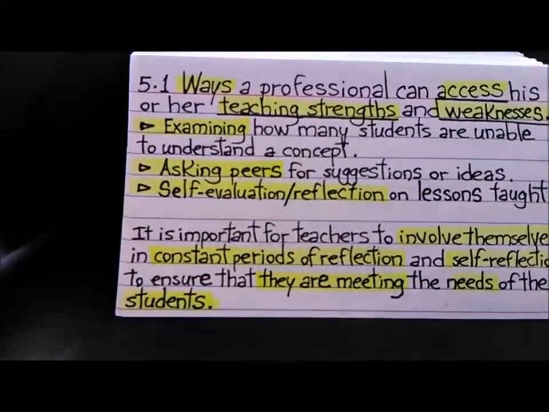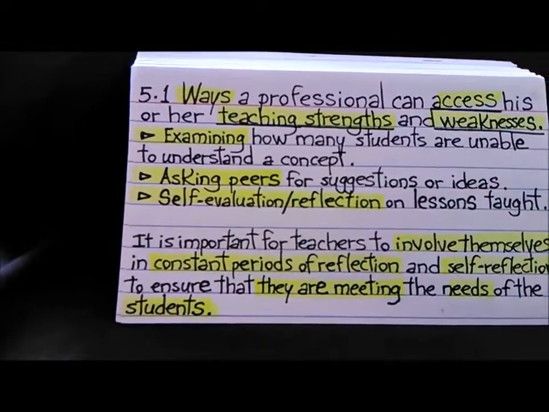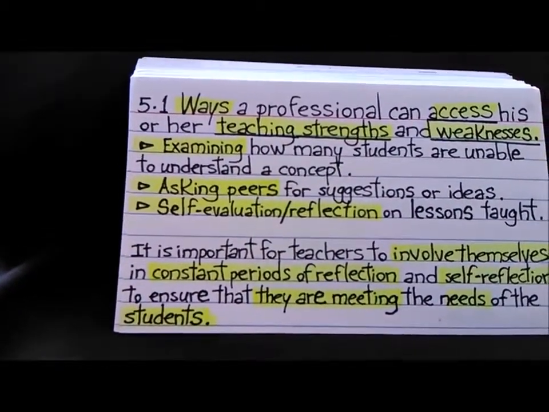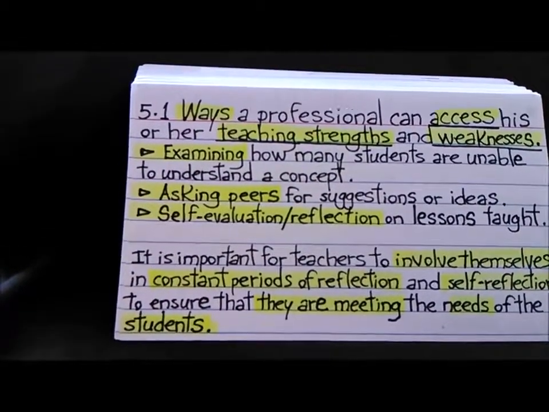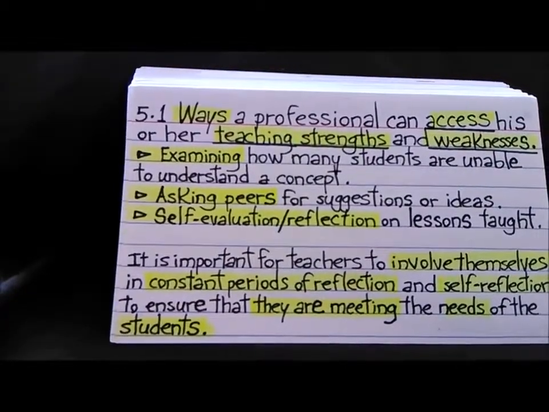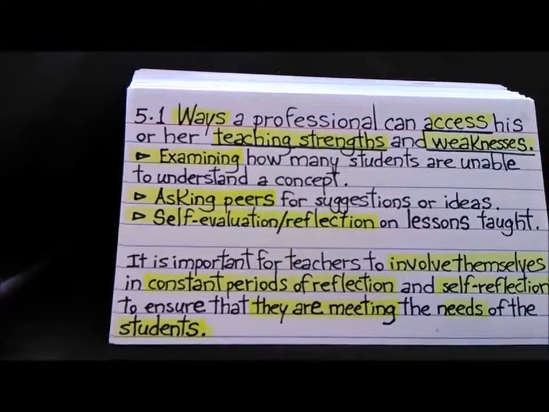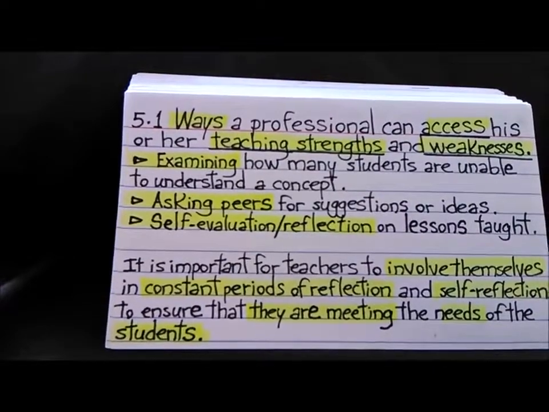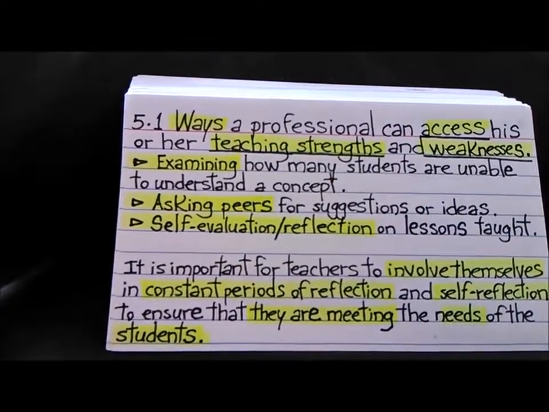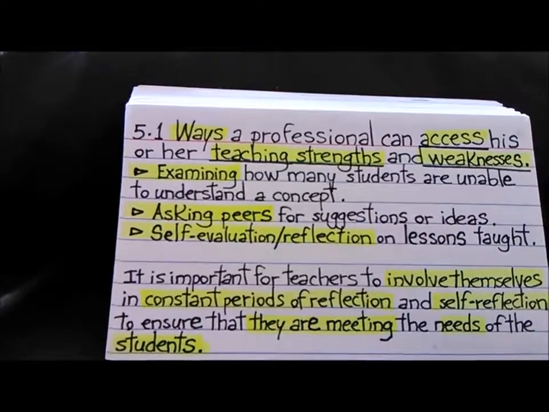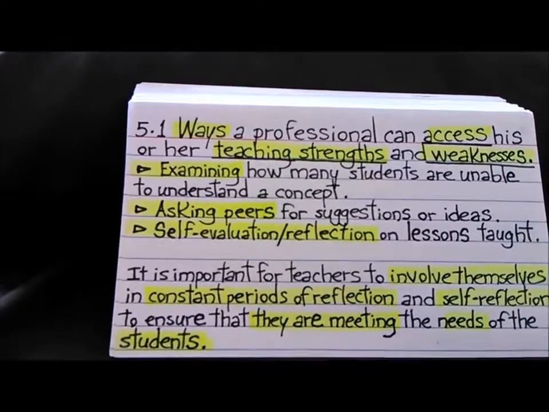Ways a professional can assess his or her teaching strengths and weaknesses: examining how many students are unable to understand a concept, asking peers for suggestions or ideas, self-evaluation and self-reflection on lessons taught.